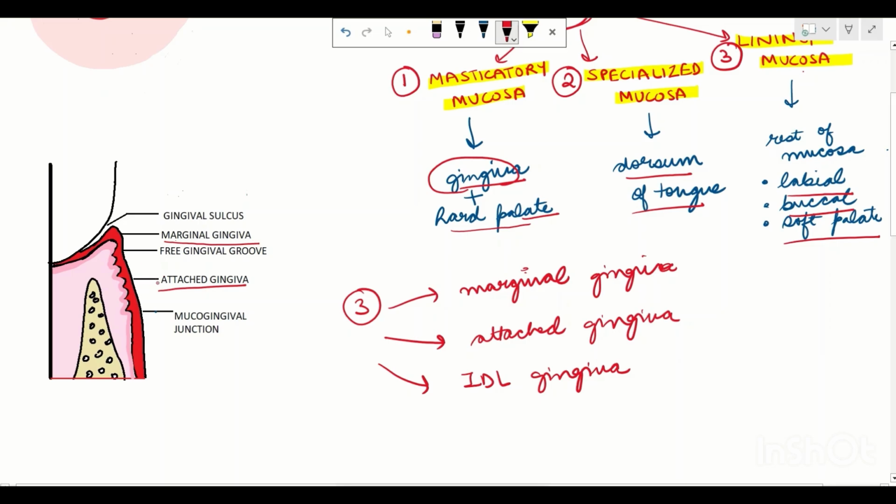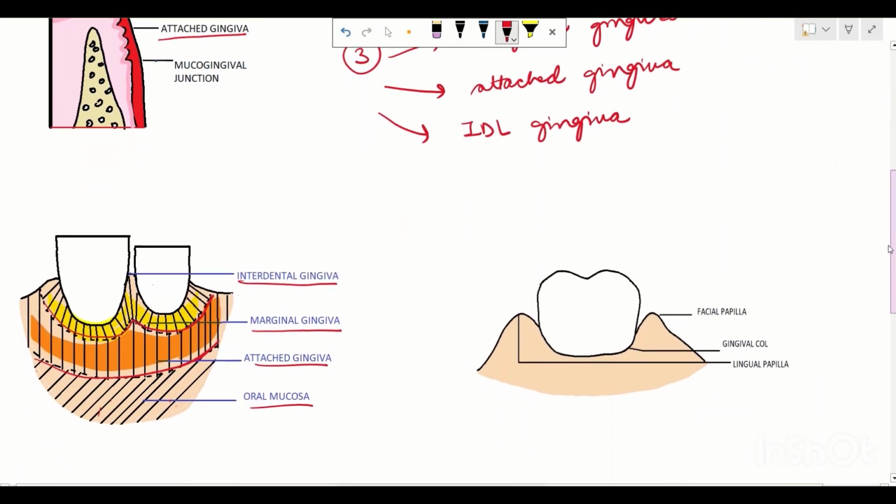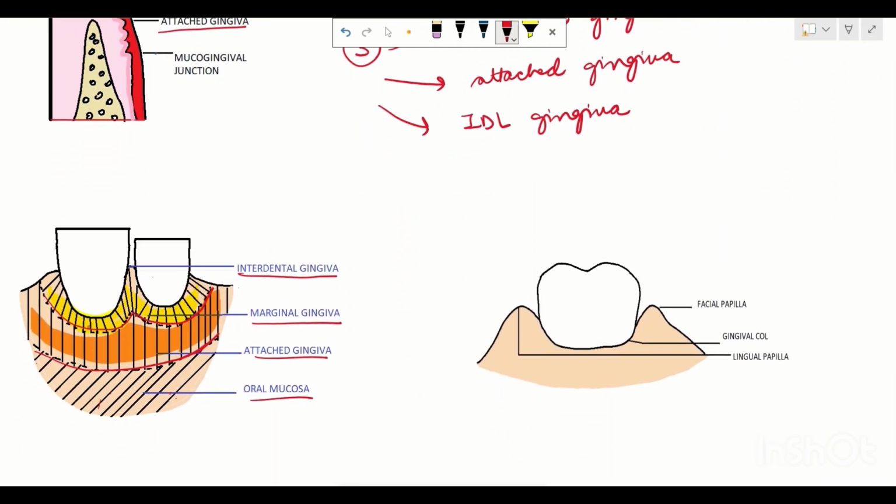These two you can understand better with the help of this diagram. In this diagram, I have marked the 3 types of gingiva: the interdental gingiva, the marginal gingiva and the attached gingiva. The one I have marked with the yellow marker is your marginal gingiva.